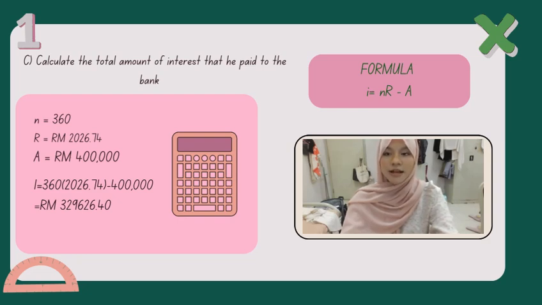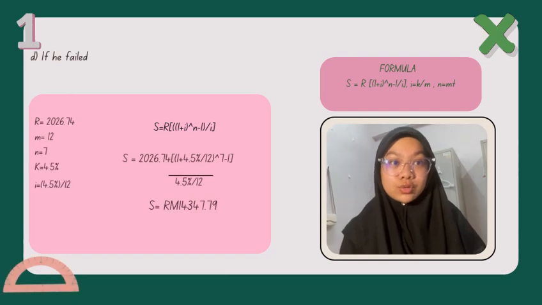And then we get the answer RM 329,626.44. So the total amount of interest that he paid to the bank is RM 329,626.40.